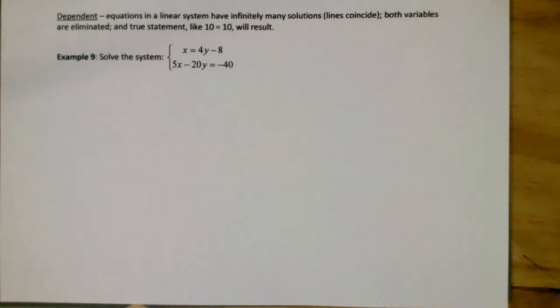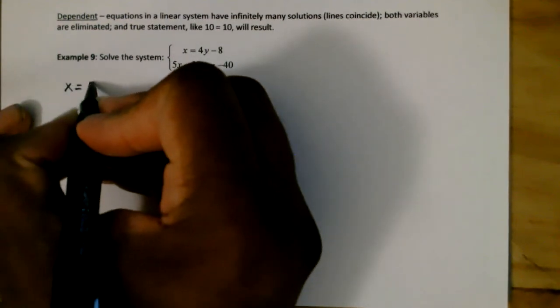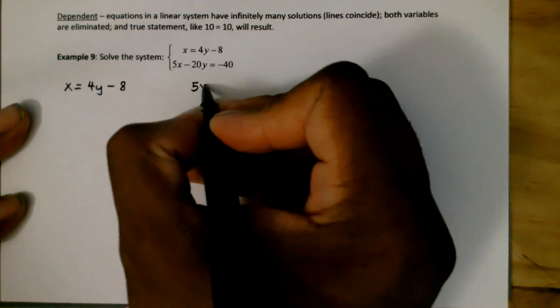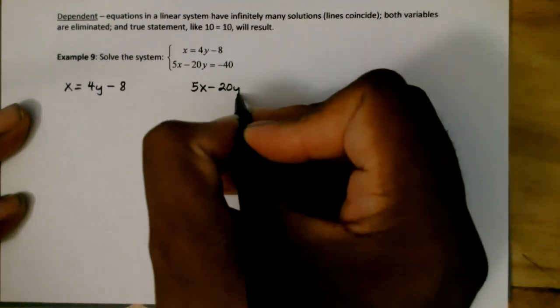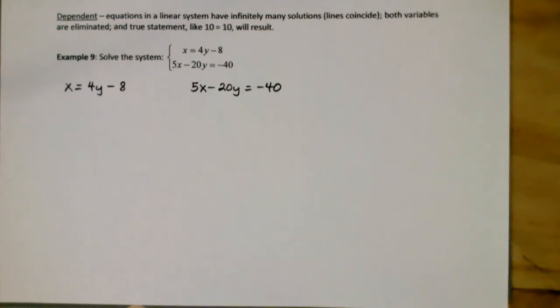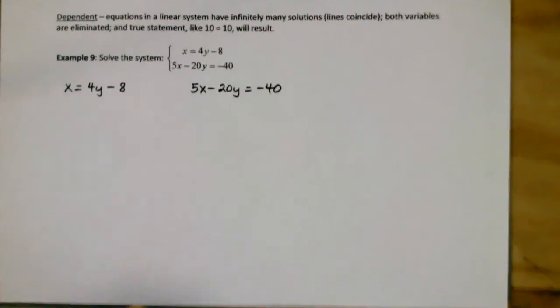And I want to solve this system. Okay, here's what I'm going to do. I'm going to write x equals 4y minus 8 on the left side and 5x minus 20y equals negative 40 on the other side. All right, notice I got x is equal to some expression, 4y minus 8.